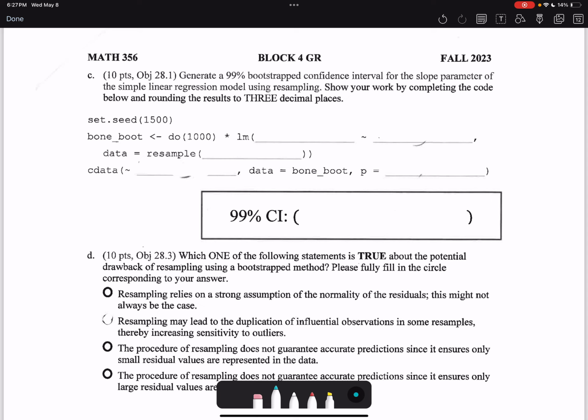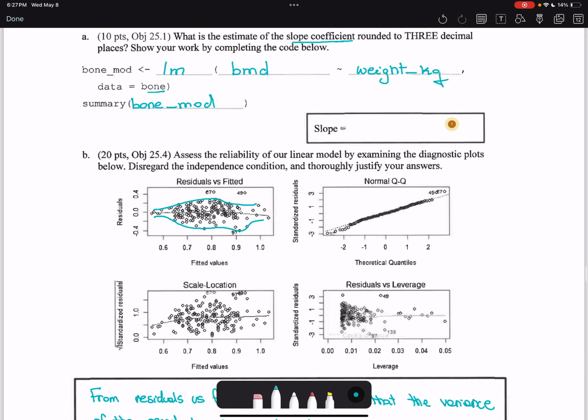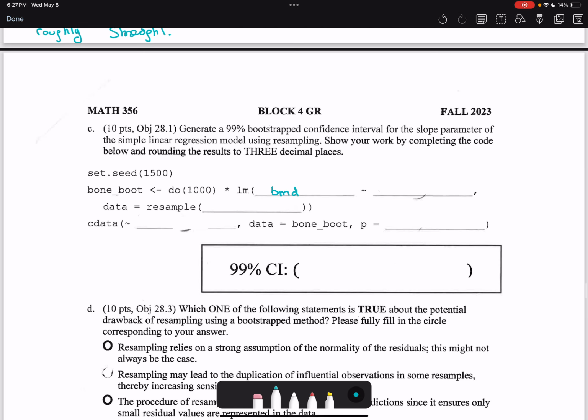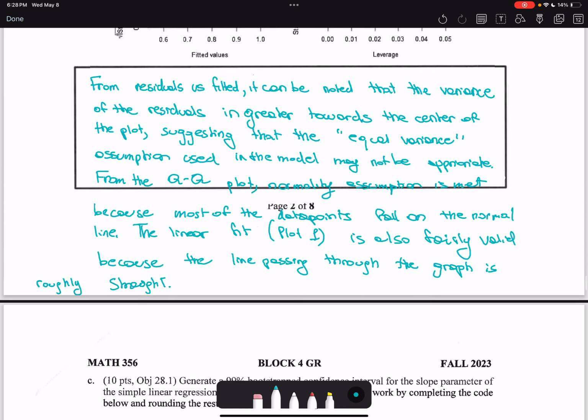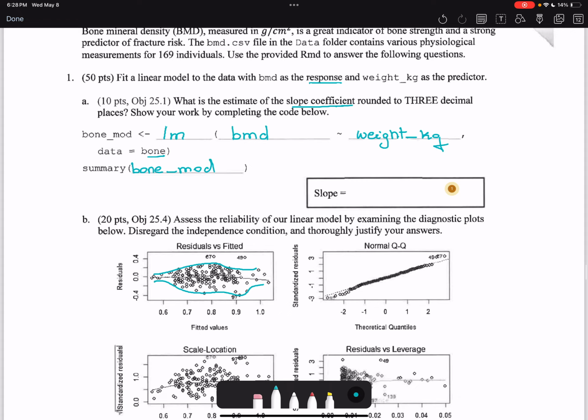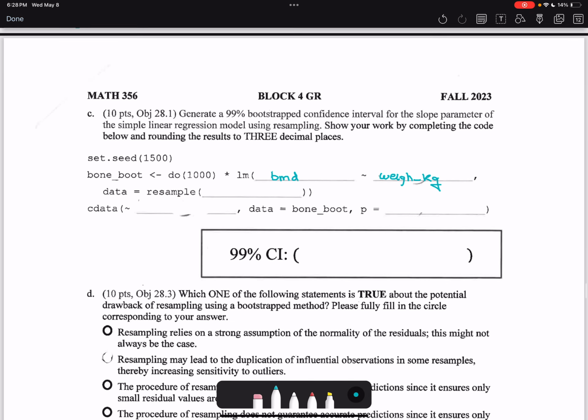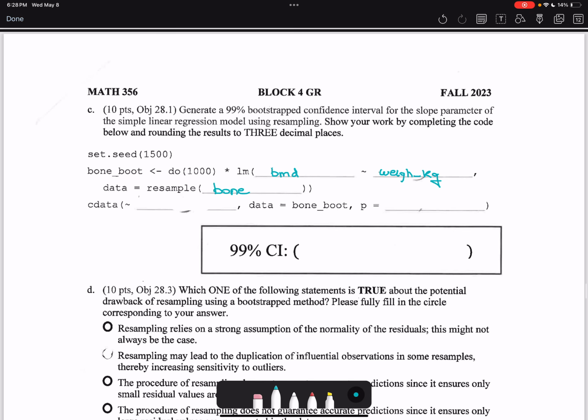resampling. So we want to do bone mineral density as a function of weight in kilograms, right? But now we want to resample, so we want to do a bunch of LM, resampling the data. The data that we're resampling is bone, so we're going to put bone right here.